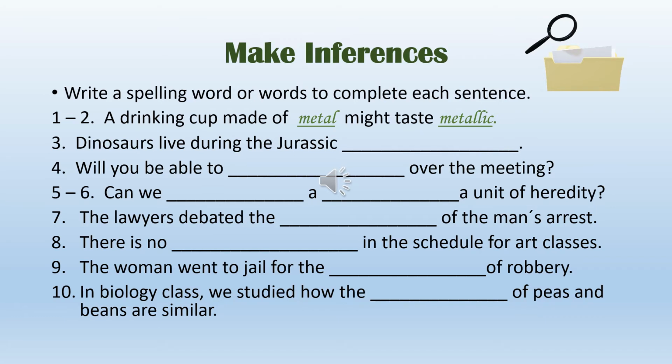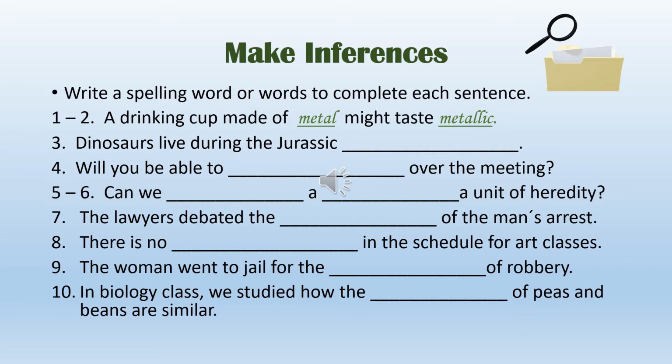So read the sentence really carefully and find the word that best matches or completes the sentence that we have. Remember, it has to be a spelling word. It has to be included in the 20 words that we have at the beginning of the lesson.